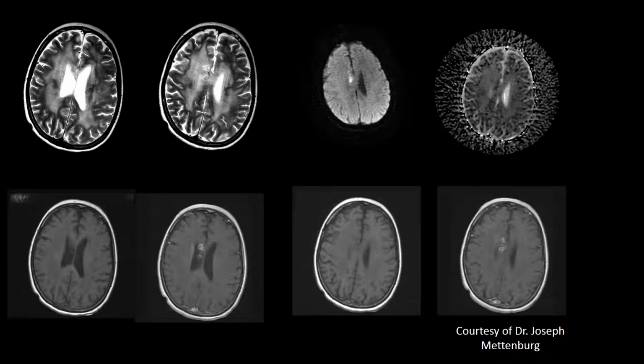If you look closely, you can see the enhancement is right along the Ommaya reservoir. And there was some diffusion restriction as well. So this was a case of toxicity related to chemotherapy from methotrexate through an Ommaya reservoir.